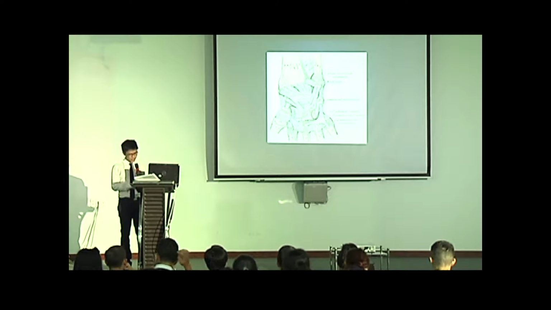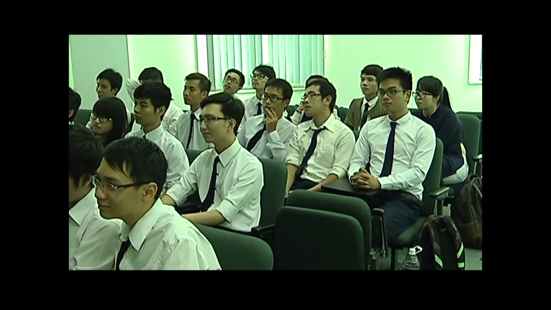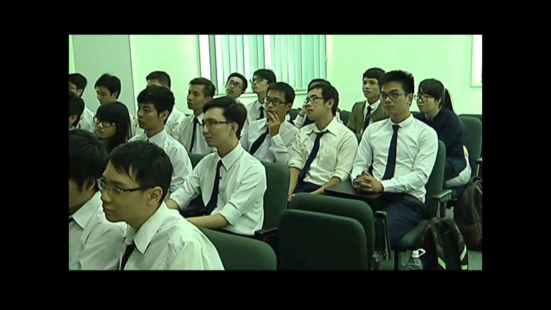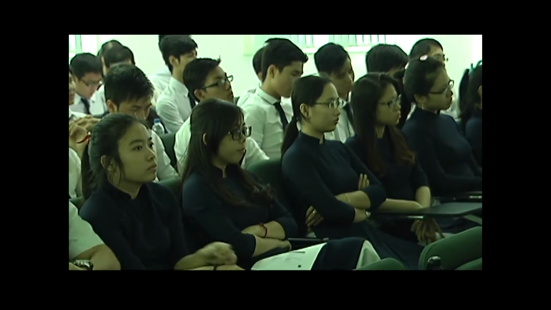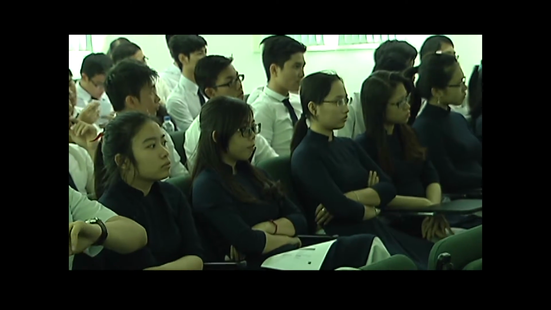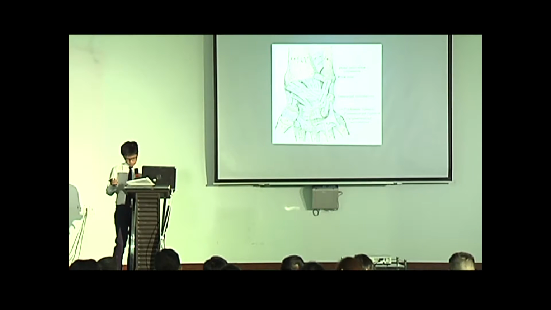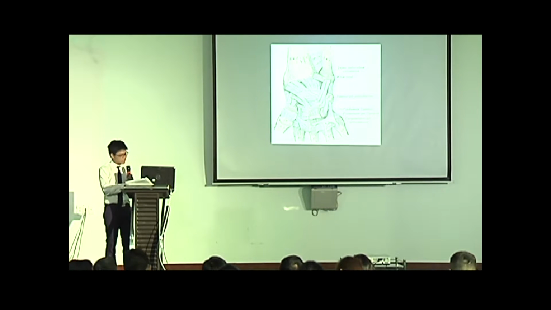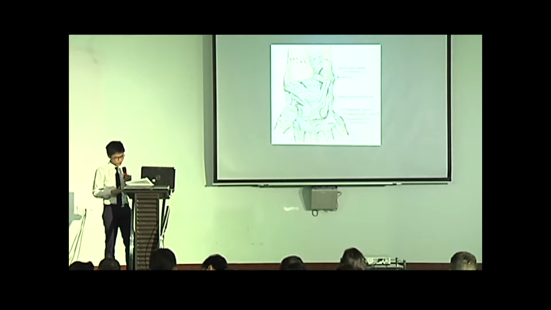The first is the ulnar collateral ligament, extending from the styloid process of the ulna to the carpal bones. The radial collateral ligament is the same, from the styloid process of the radius to the carpal bones.